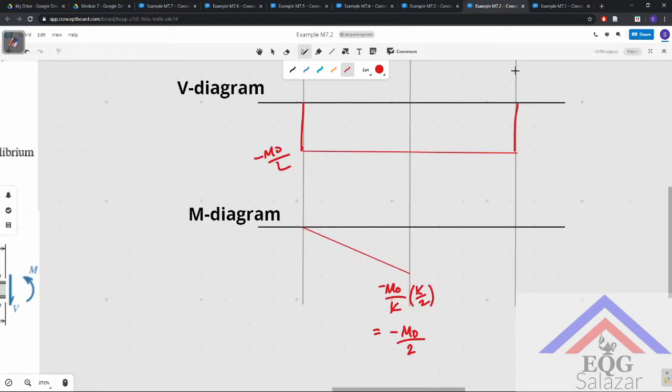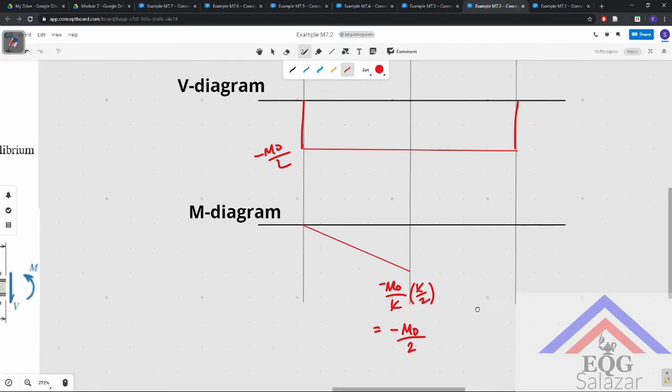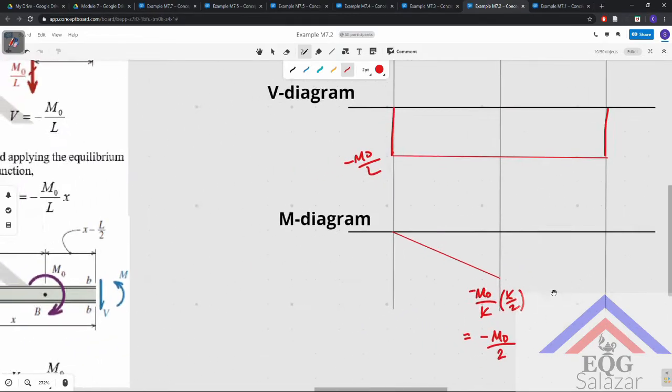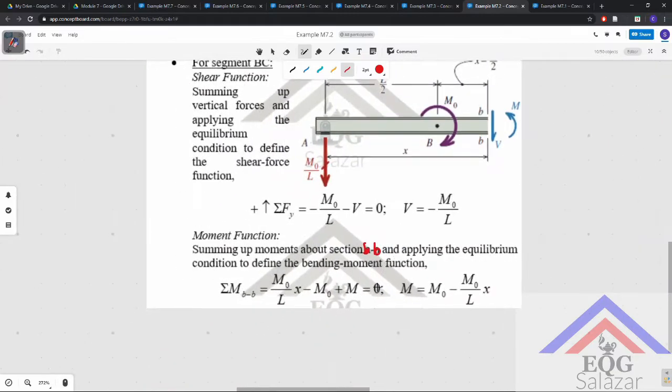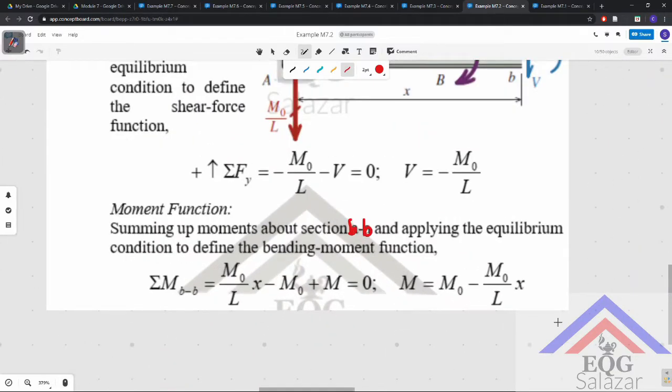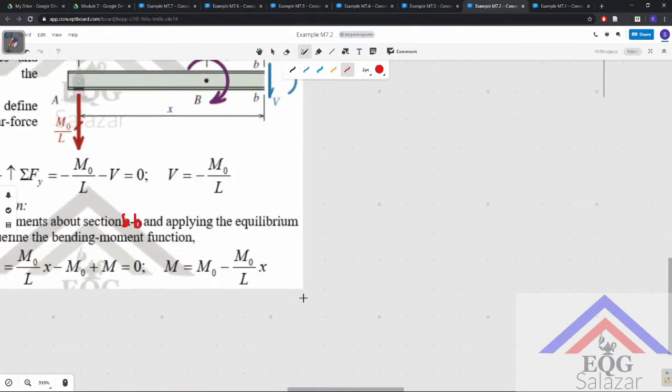Therefore that goes up by M naught over L, terminating at 0. While here we have M naught minus M naught over L times x.